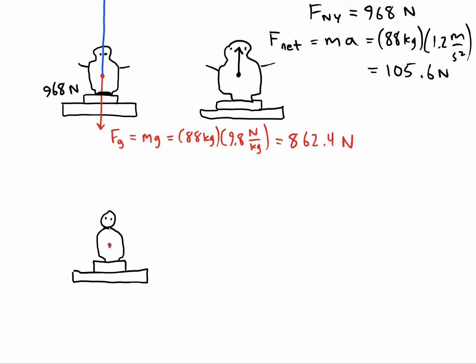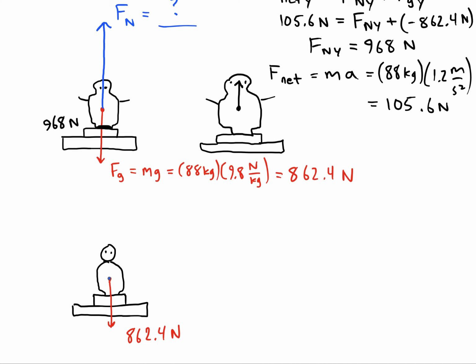The person has their weight, which is the same as it was before, 862.4 newtons. But that upward force can drop down now. Now that the person is in motion, it can actually just match the weight. And then we'll continue with constant velocity.